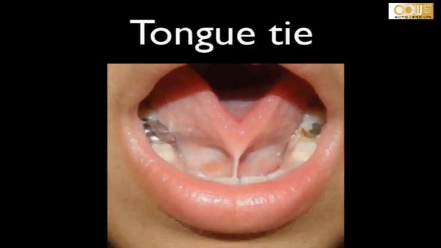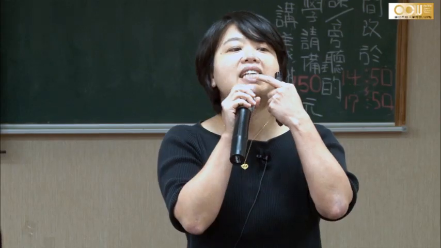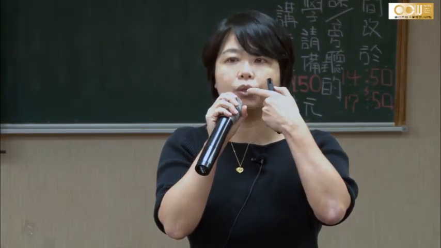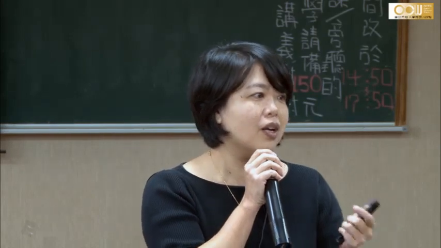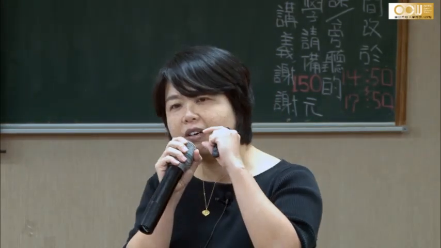For people who have tongue tie, we all have some sort of muscle connecting the bottom of your tongue to the lower surface of your oral cavity. But some people's tongues are more closed to the bottom than regular people. So what happens when you have a more severe, more tightened tongue tie?